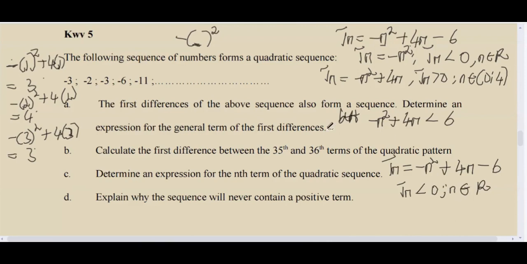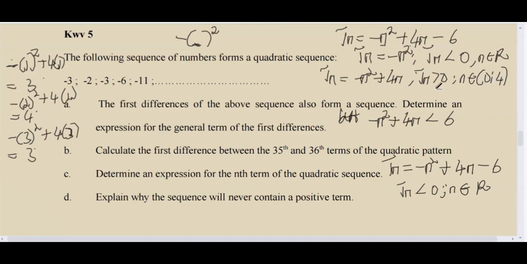See that? So I did not involve any calculation besides just trying to make you see the solutions here. This does not involve any calculation. It's just you explaining that you understand that this will always produce a negative value, and that this will produce positive values only when your n is an element of 0 up until 4.